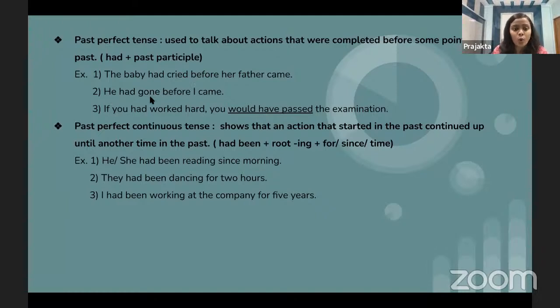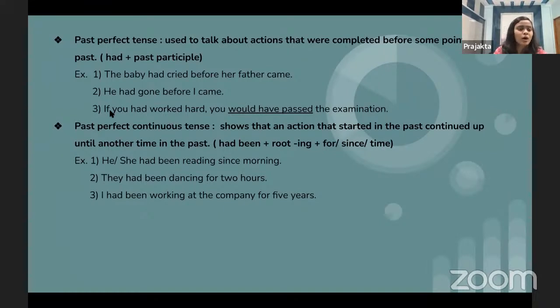He had gone before I came. Okay, so we don't use ed. He had gone. No, he had gone before I came. Okay, if you had worked hard, you would have passed the examination.